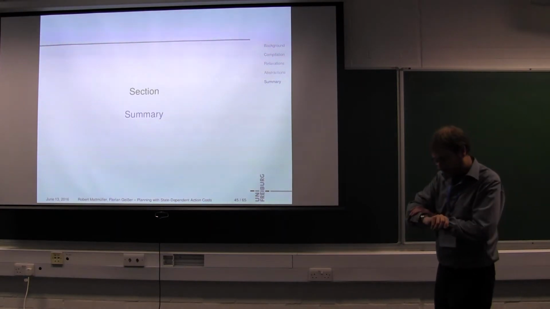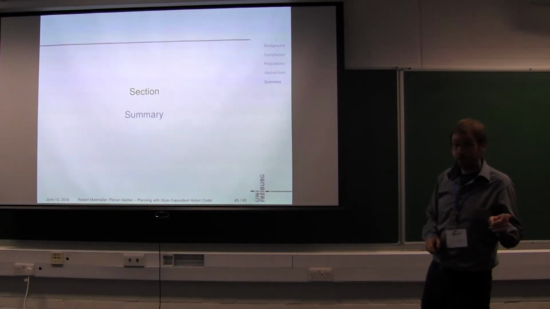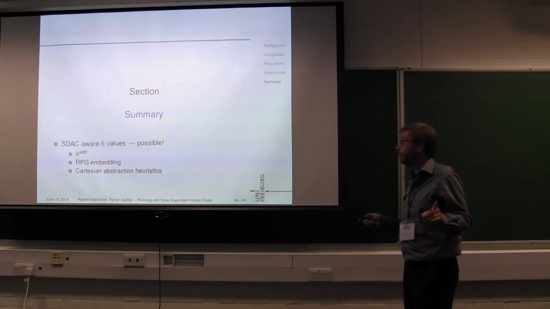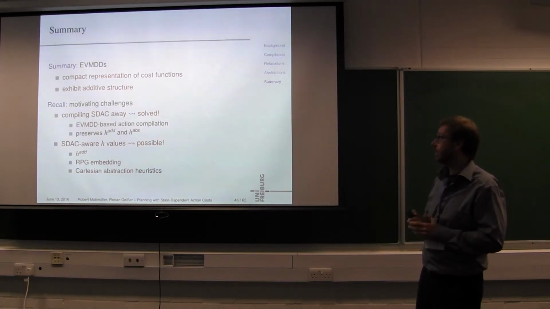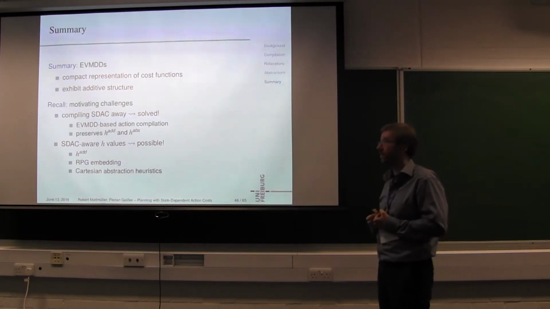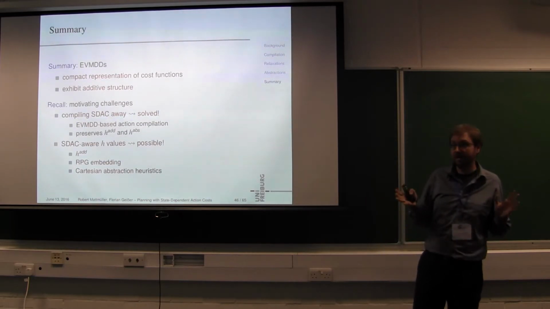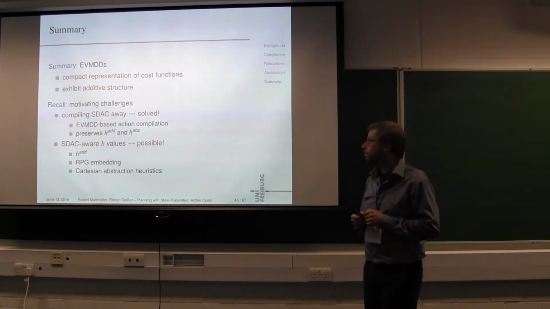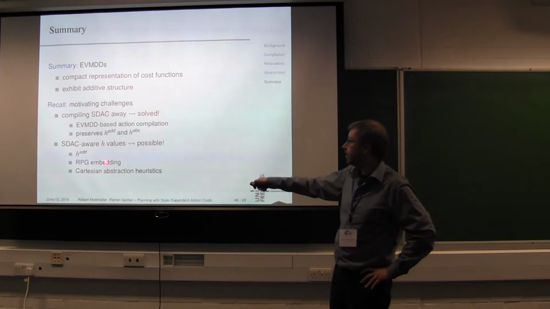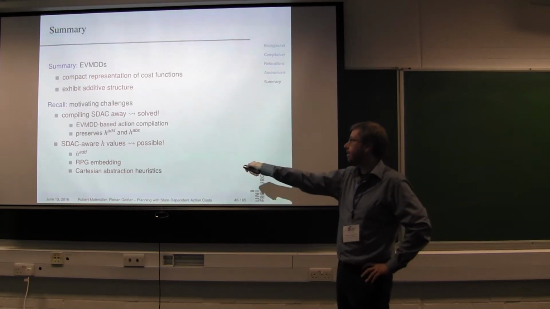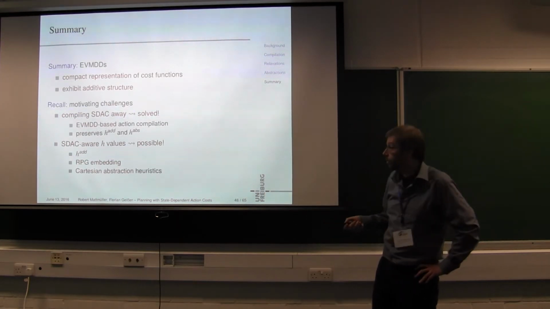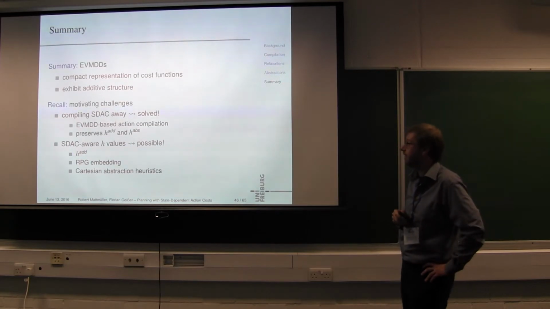Okay, so before I hand over to Flo, let me already summarize the theoretical part. We saw that EVMDDs are a compact representation of cost functions and exhibit additive structure in these cost functions. And what about these motivating challenges? What about compiling state-dependent action costs away? We can do that with this EVMDD-based compilation.